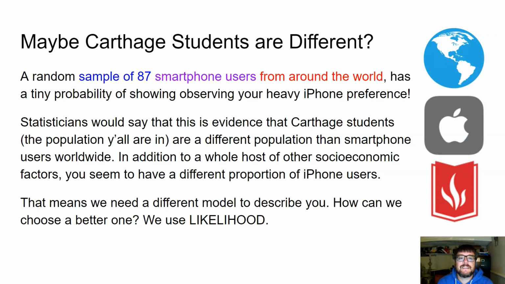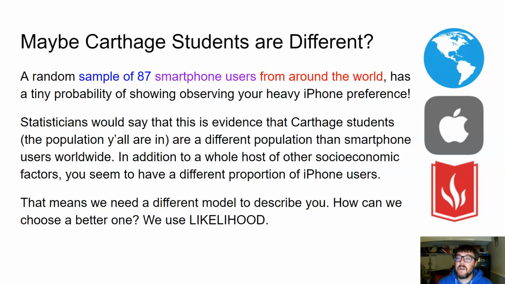So we would say that it seems like Carthage students are not coming from the same population that is all worldwide cell phone users. They're a subset of that population that has specific characteristics. They're probably people from more affluent circumstances, and there's a certain drive to own iPhones to be able to work with some of the technology for our classes.